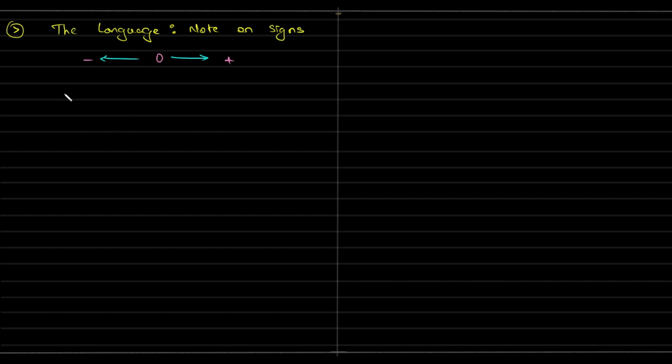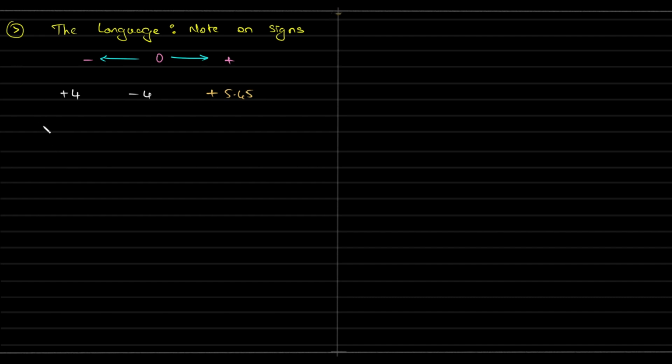So example: positive 4, negative 4, right? Negative 4, positive 4, negative 4. Okay, positive 4, negative 4. Then, well, we can have decimal numbers also, plus 5.45.